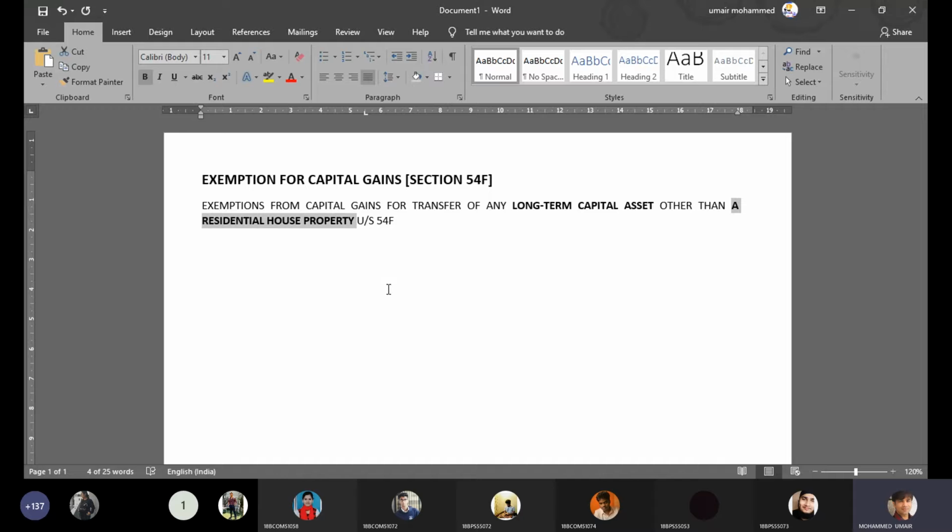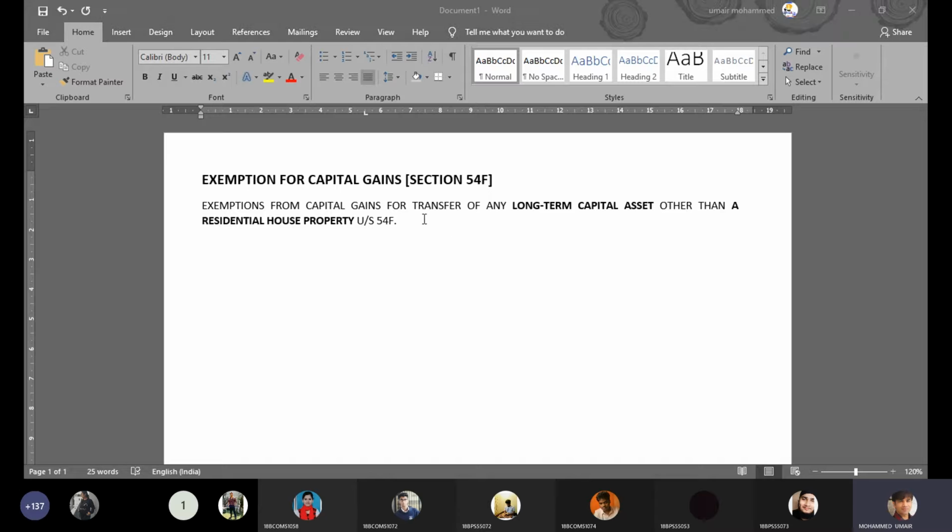It says you have to transfer any long-term capital asset, and the amount of capital gain realized from the transfer of any long-term capital asset needs to be reinvested in the bonds of NHAI and RECL. But here, similar to section 54EC, it also says you should transfer any long-term capital asset, but there's a condition, except residential house property. So the asset so transferred or sold can be any long-term capital asset other than residential house property. So this is what you should sell.